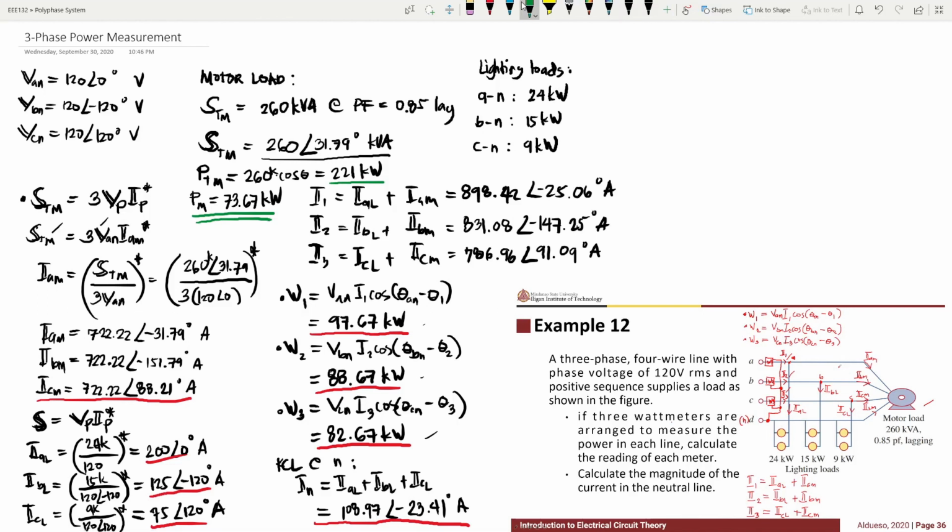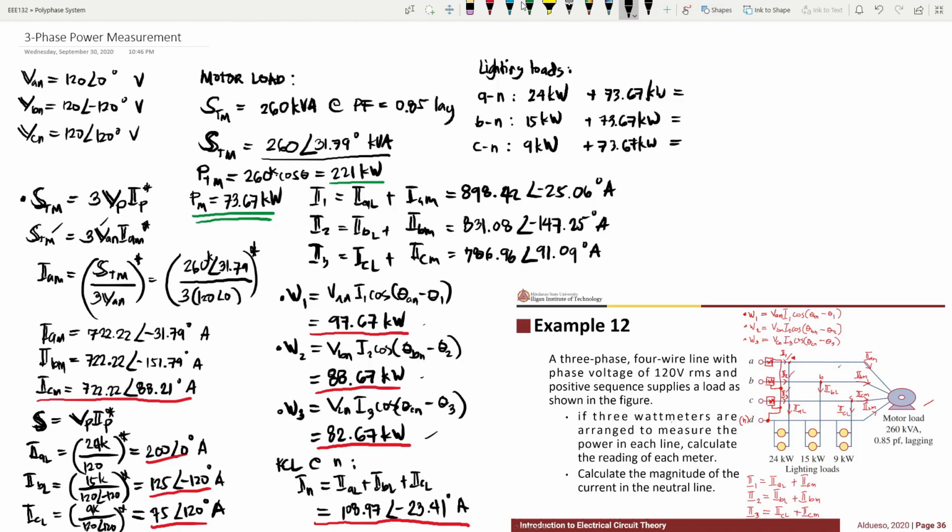Now if you add this value right here with each of the power of the lighting loads, the lighting load connected at phase A, we add this 24 kilowatts, for load B, lighting load B, 15 kilowatts plus 73.67, we can get the total real power at each phase.